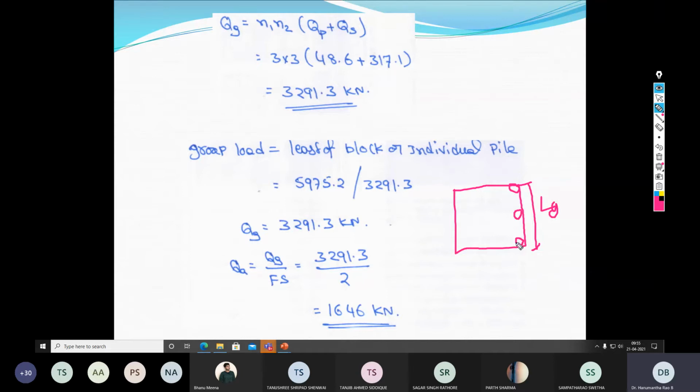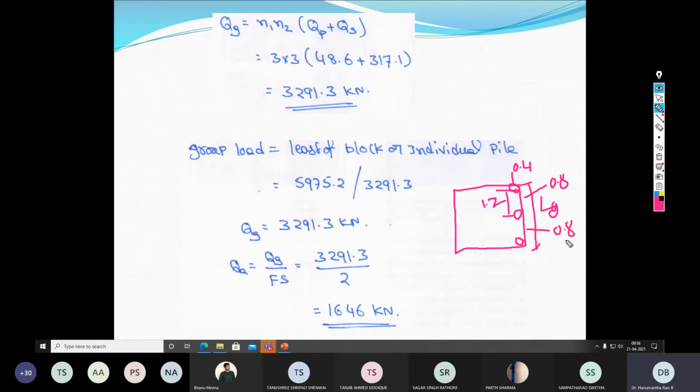Suppose if you take our sum, the spacing between two piles is 1.2 meter, and the pile diameter is 0.4 meter. That means effectively 1.2 minus 0.4, that is 0.8 meter plus 0.8 meter.